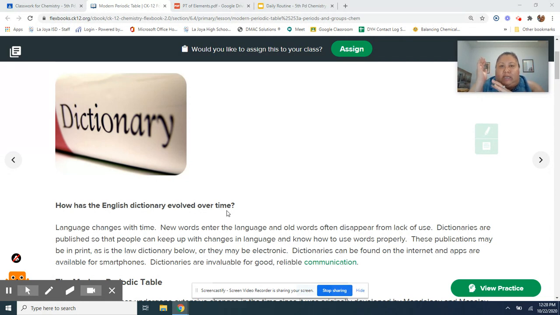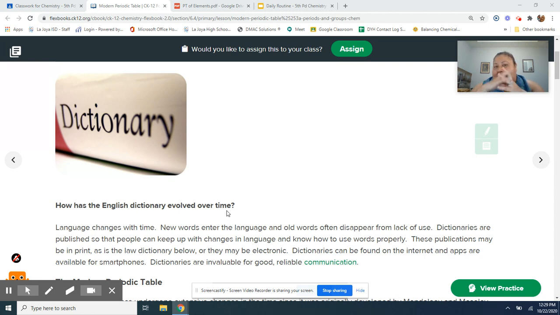We're in 2020. There are now almost 120 elements. To be exact, I think it's 118. 118 elements are now on our periodic table. That's almost double the number of elements since Mendeleev.